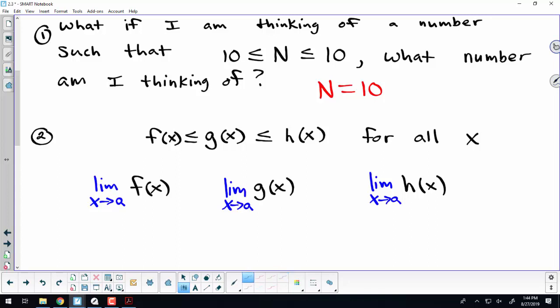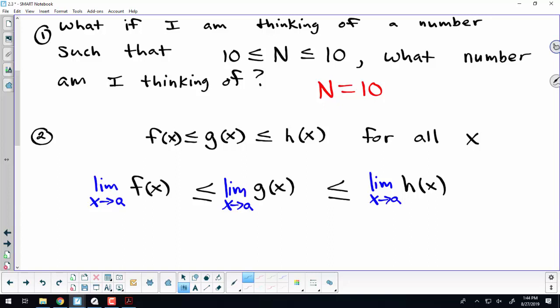Do you think it's true that this inequality still holds? Does that make sense that it would still hold? If g is always in between f and h for any x value, it doesn't matter what x value I approach, it's still in between those two functions. Can everyone agree on that?